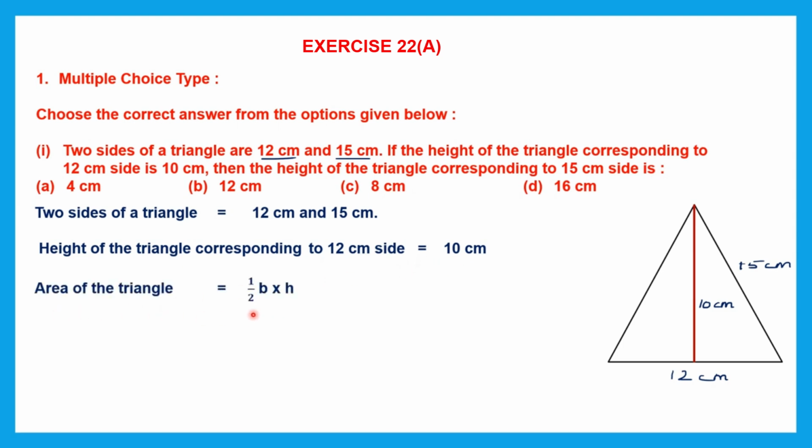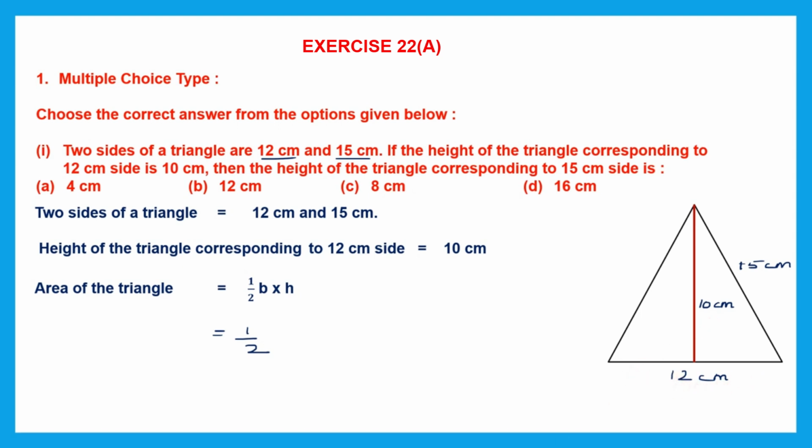Now, for the area of the triangle, we are going to use the formula half base into height. So in this case, we're going to take 12 centimeters to be the base. You can take any side as the base. Now we're going to use this as the base because we have the height given for this also. That's why we are taking this as the base.